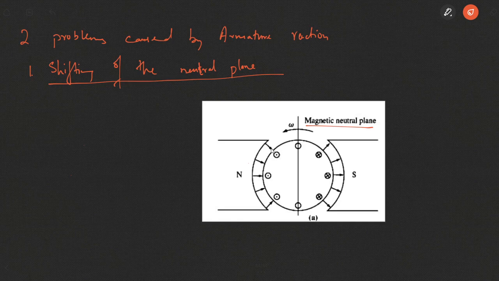Now when we load the armature, current begins to flow through the armature conductors.